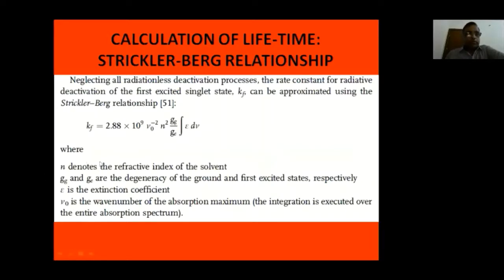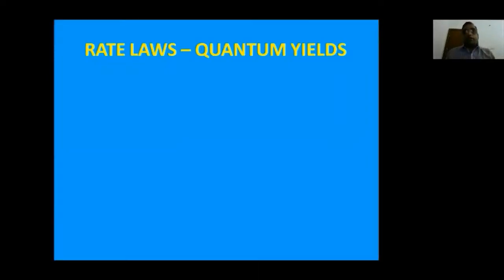Here n represents the refractive index, g_l and g_u are the degeneracy of the ground and the first excited state, epsilon is your extinction coefficient, and nu zero is the frequency in terms of wave number. So you can integrate this expression to get information about the k value. That gives you a simple approximate calculation of the rate constant of fluorescence deactivation.